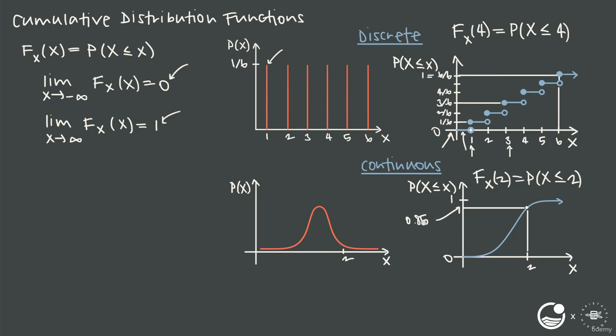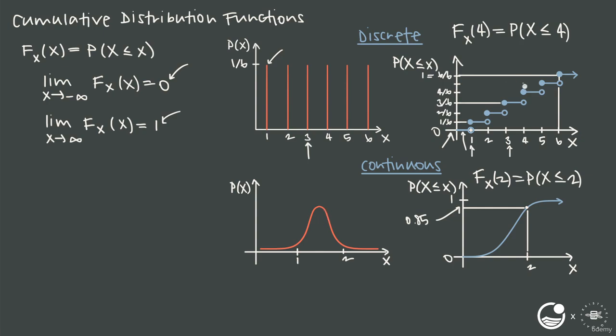So again, instead of just modeling the probability of the discrete random variable taking on a specific value, like the specific value x equals 3, or for the continuous random variable in the probability density function, the probability that we take on some value between, let's say, 1 and 2, that's what we did before with probability mass functions and probability density functions for discrete and continuous random variables respectively.